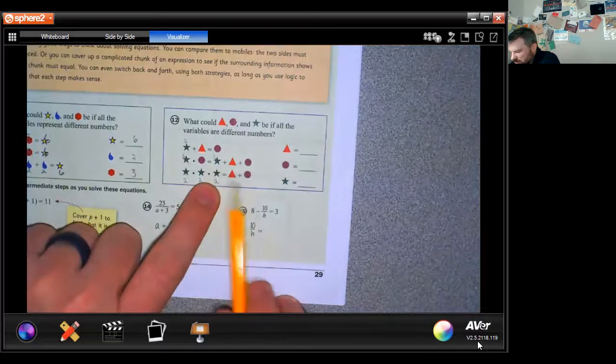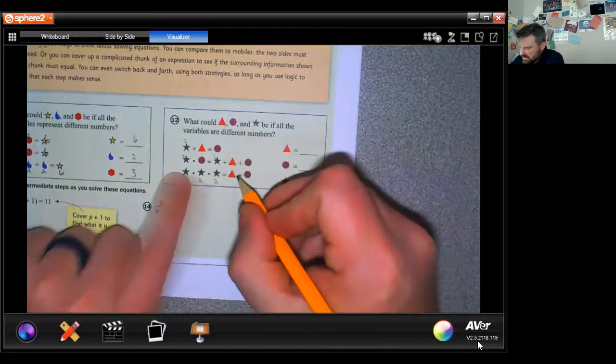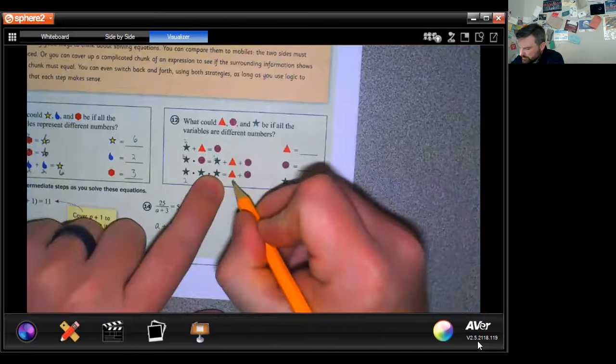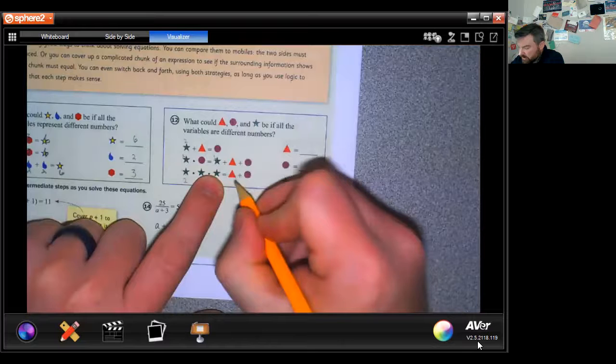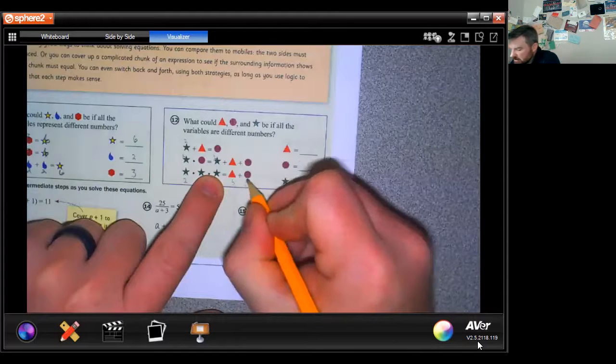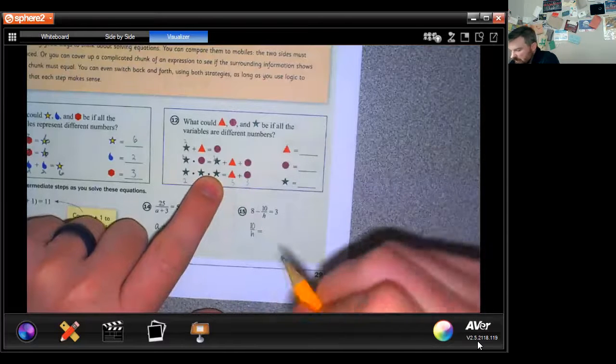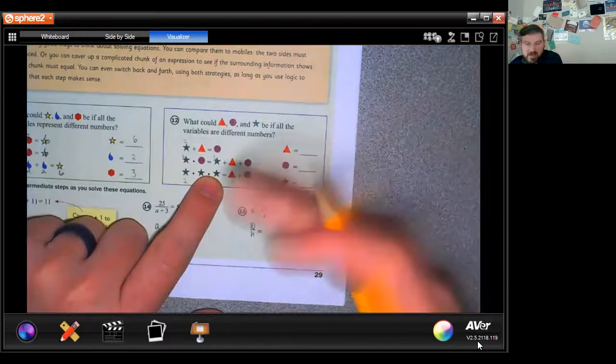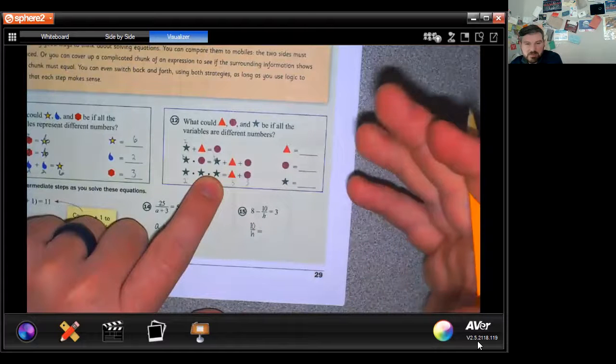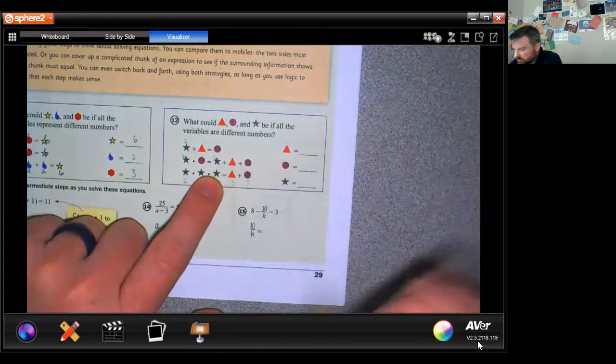Okay, I've got some options there then. So if this is 8, this could be 5 and 3, maybe 5 and 3. I was thinking 4 and 4, but they can't be the same. I was thinking 2 and 6, but I already have a 2.